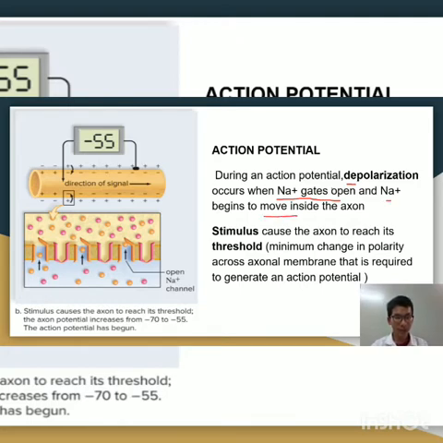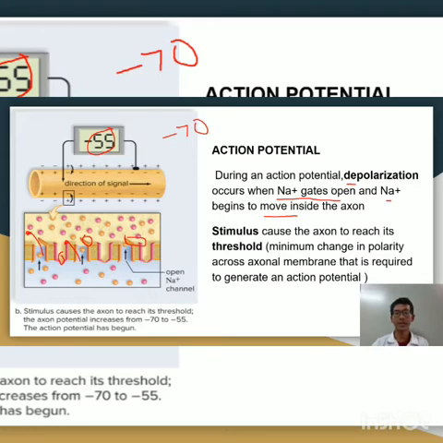As you can see, the sodium gates are open and sodium ions move inside, while the potassium gates are closed. That is why we call it depolarization. During this time, the axon potential will increase to negative 55. Before this it is negative 70, right?